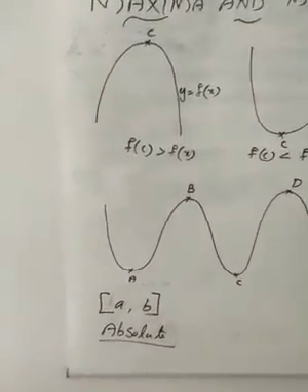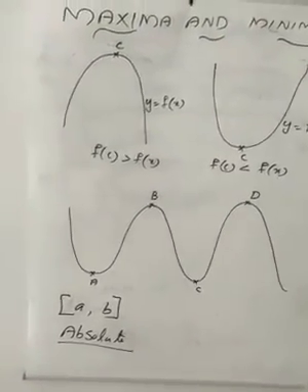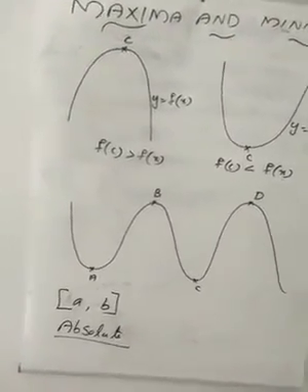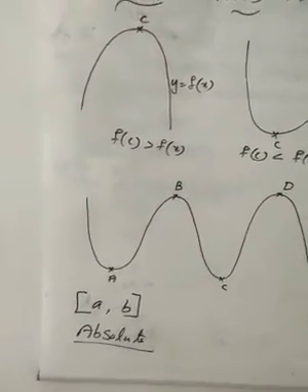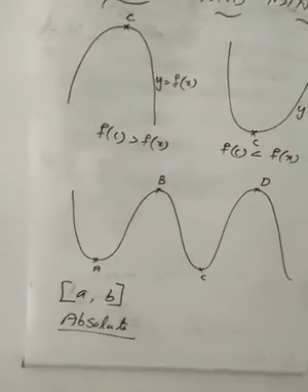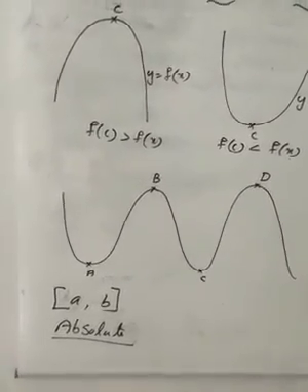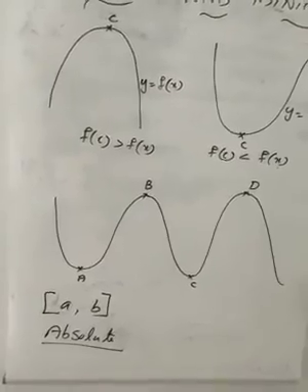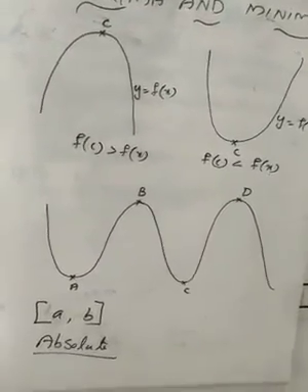The working rule is: find f dash x, and find the values of x when f dash x equals 0. Substitute all those values of x in the given function f of x, not in f dash x, but in the given f of x. The highest value is the maximum and the least value is the minimum.